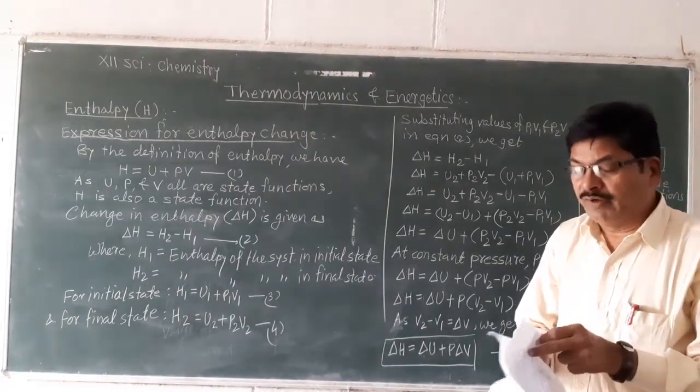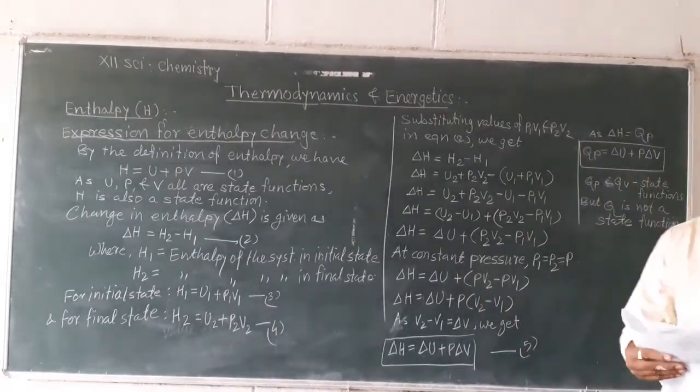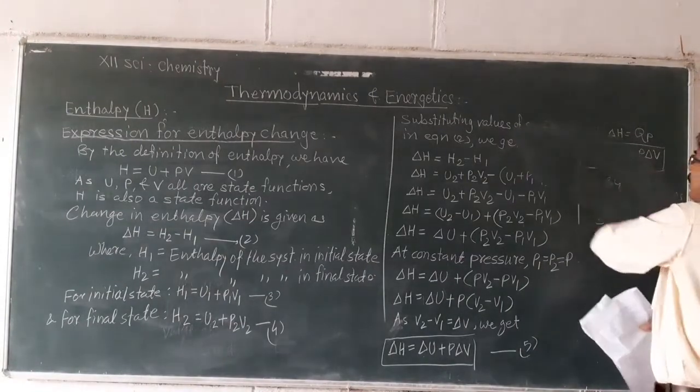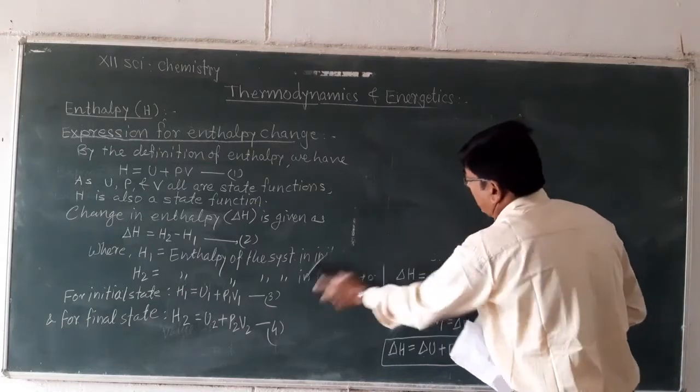Now, the next point we have to discuss is the relationship between delta H and delta U for chemical reactions.